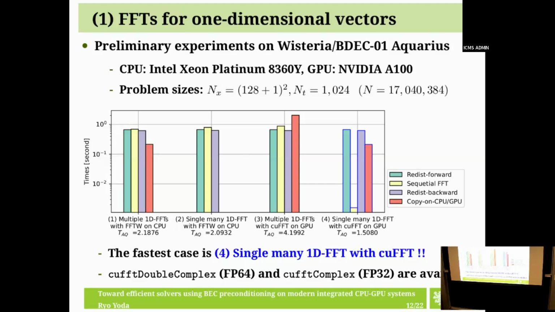Using the cuFFT libraries, we can choose the type cufftDoubleComplex or cufftComplex, which corresponds to single precision variables. In this work, we choose the FFT library as cuFFT with many 1D FFTs.